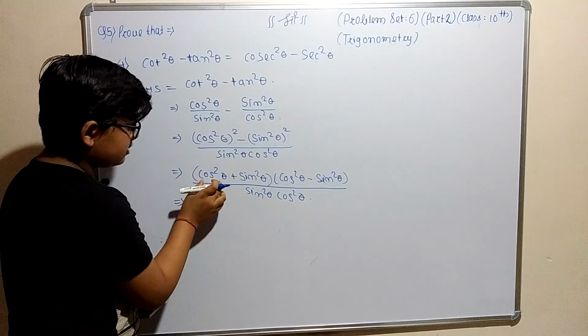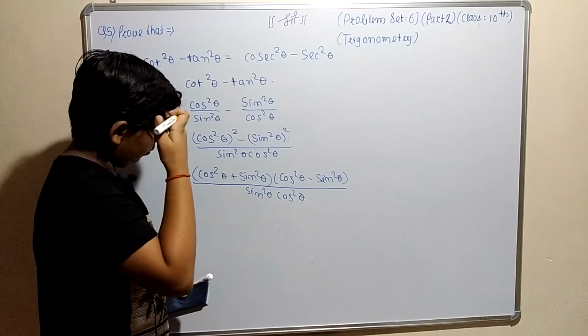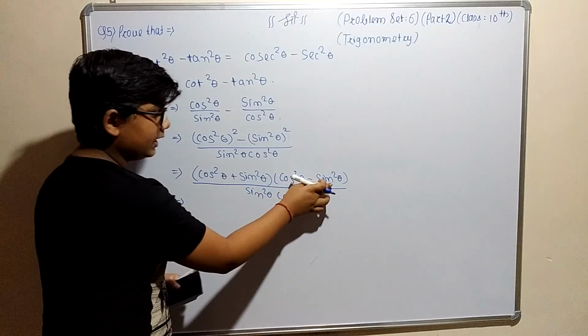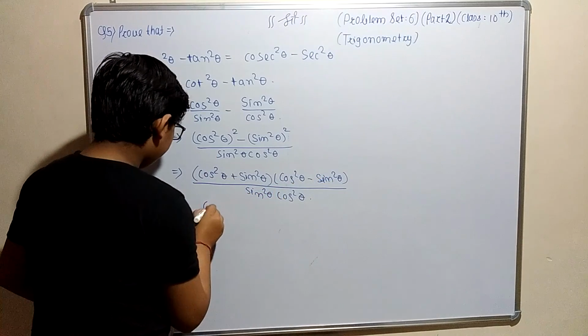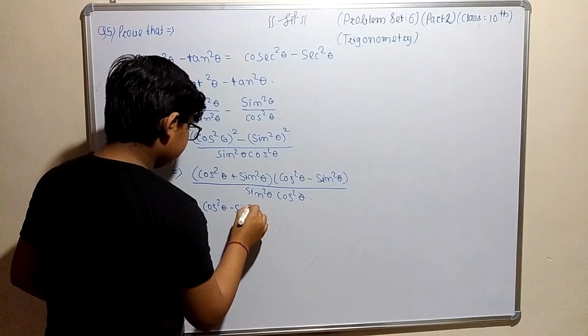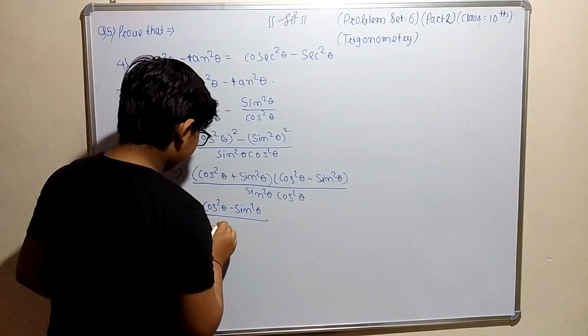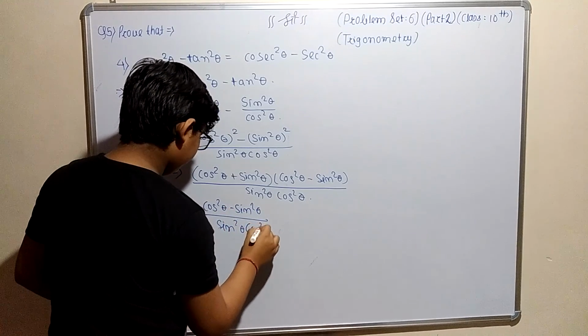Now we know that sin square theta plus cos square theta, or cos square theta plus sin square theta, is equal to 1. So 1 into cos square theta minus sin square theta will be as it is, cos square theta minus sin square theta. So cos square theta minus sin square theta divided by sin square theta cos square theta.